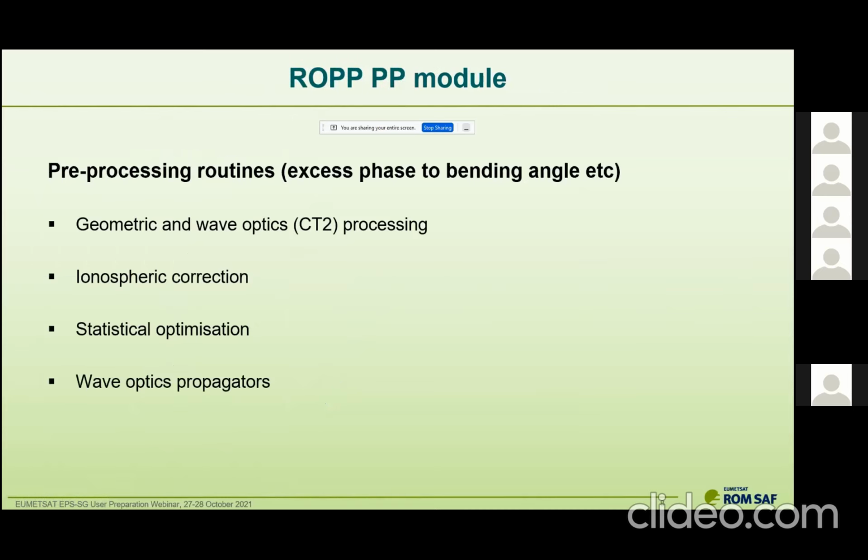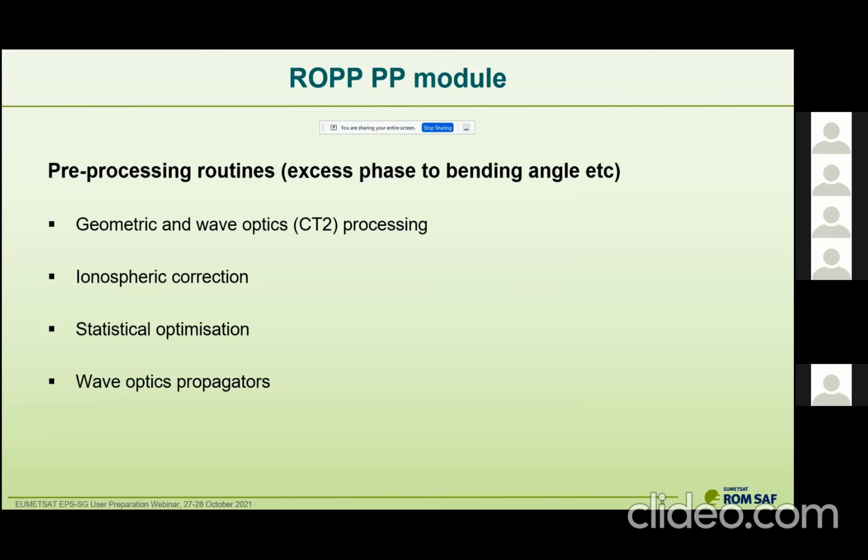The PP module, the pre-processing module, does the calculation from excess phase, which Christian was mentioning at the beginning of today, to bending angle, refractivity, dry temperature, and so on. Christian also mentioned, saving me the job, the types of processing that you can do.